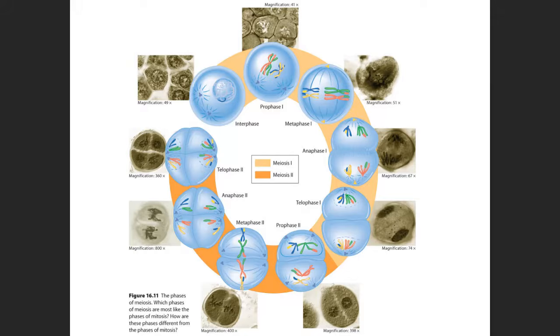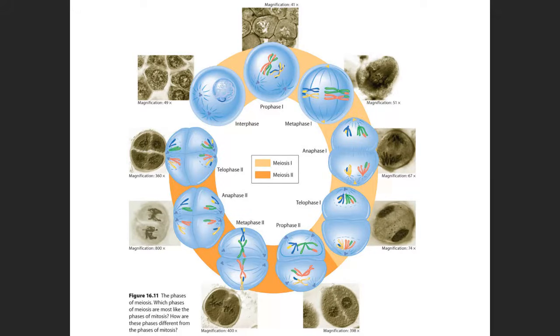Meiosis, you're going to want to be really, really comfortable with the steps of mitosis before you even start with meiosis. And meiosis has two very important components for variation. The first one is the crossing over part of it.